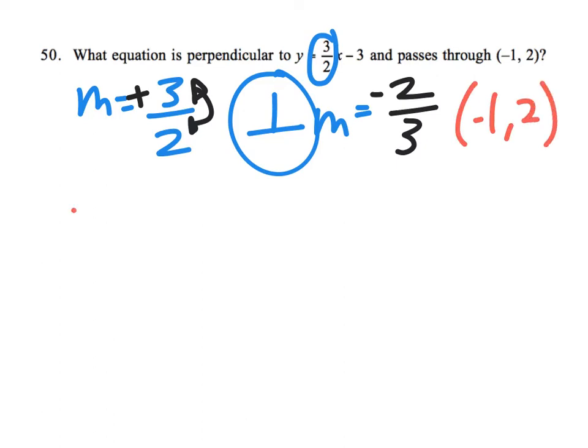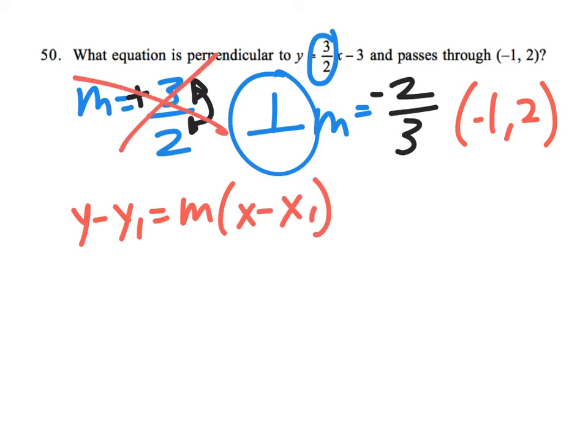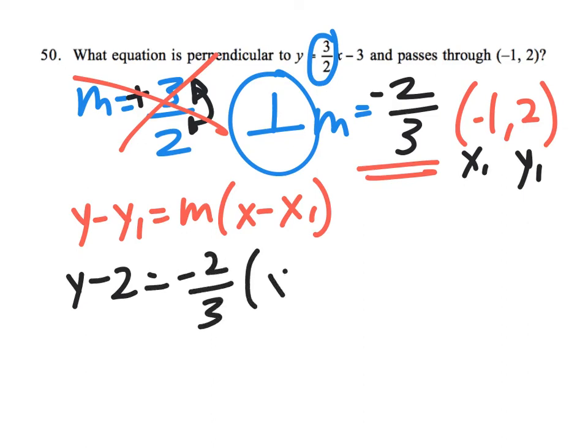So again, my equation is y minus y1 equals m times x minus x1. Now, we're done with that slope. That was our original slope. So my m values here. We have x1, we have y1. And we're going to plug in all the things. So we have y minus y1, which was 2, equals my slope, negative 2/3, times x minus negative 1.